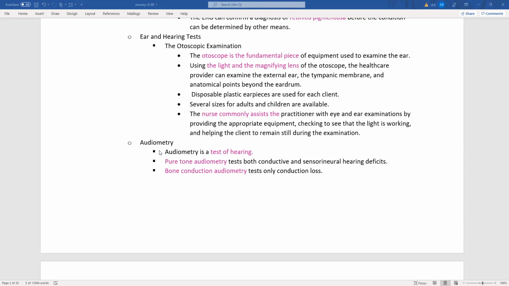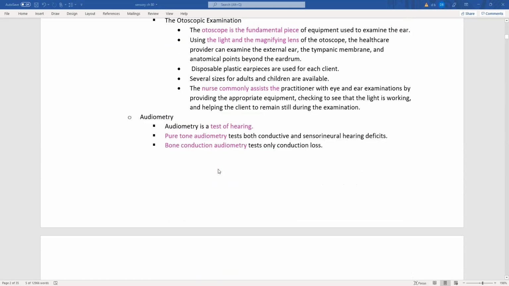So audiometry is a test of hearing. That's why you've got audio, and metry means measuring. The pure tone audiometry test tests both conductive and sensory neural hearing deficits.